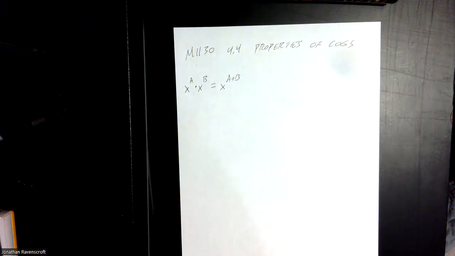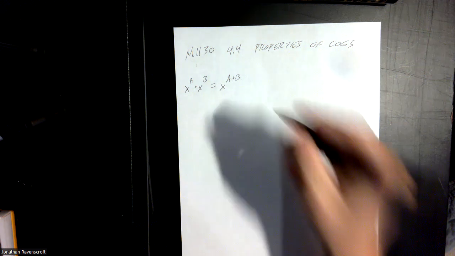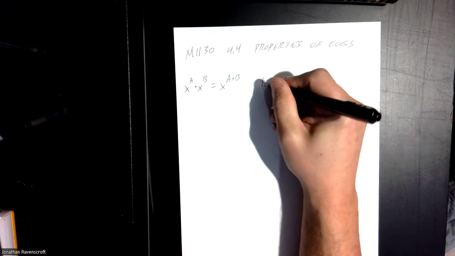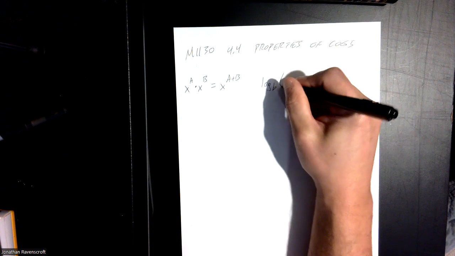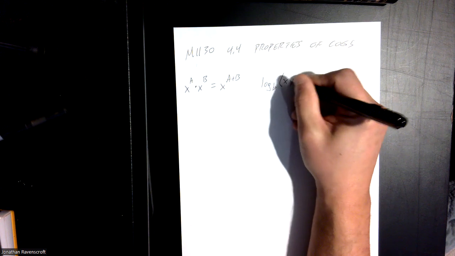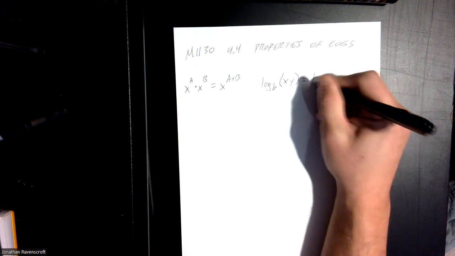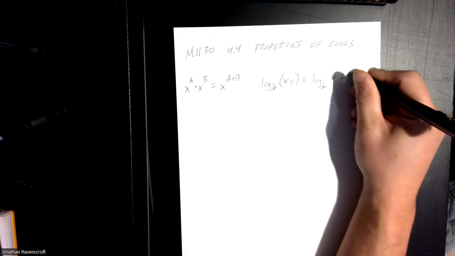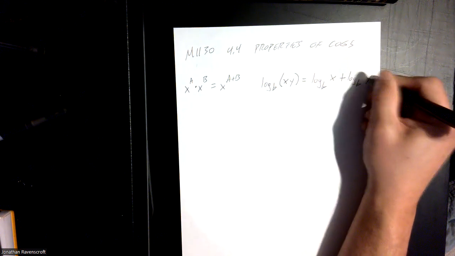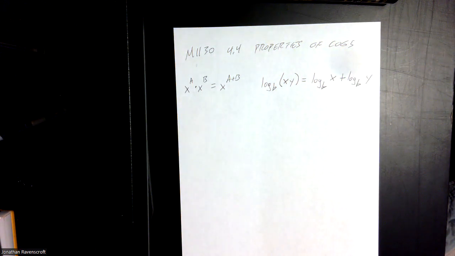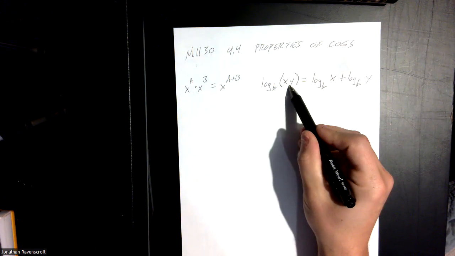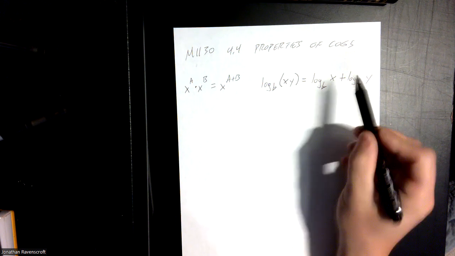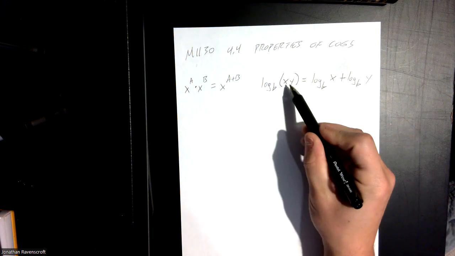Now we have a similar property for logarithms that says if you have the log base b of a product xy, that's equal to log base b of x plus log base b of y. So if you take the log of a product, you can turn that into a sum, log of this plus log of this.